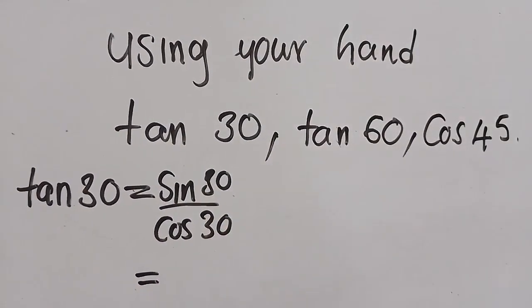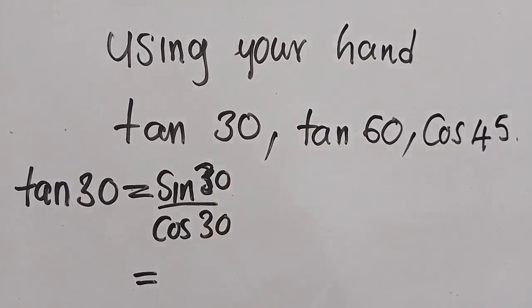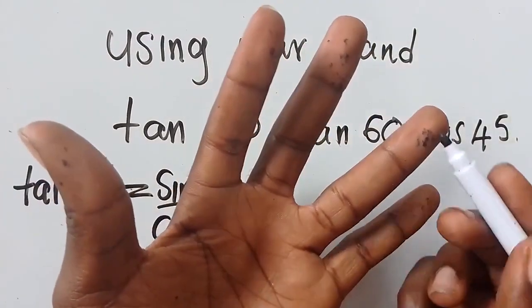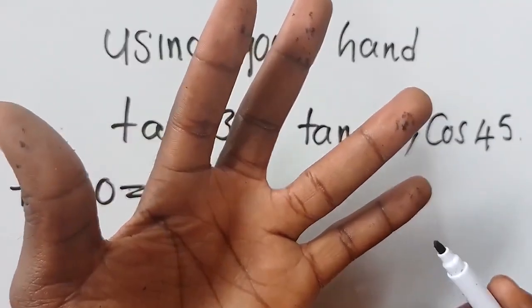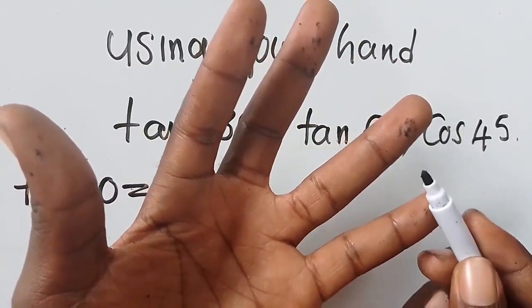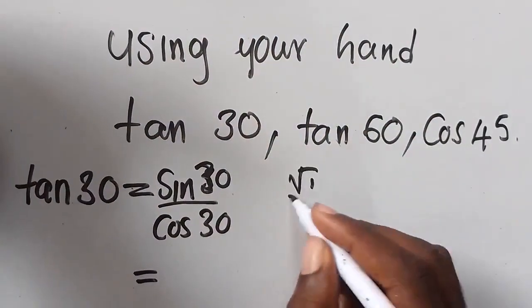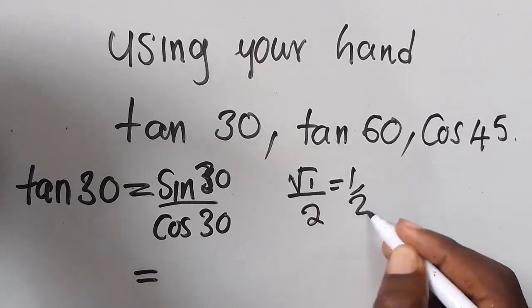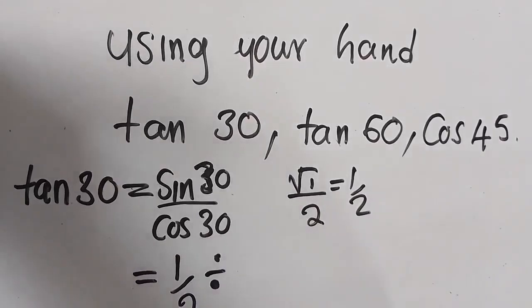We find sine 30 on top. So how do we get sine 30? You do this. 30 is here. Have you seen 0, 30? So sine here, only 1 remaining. Root 1 over 2, so it's 1 over 2. So there I've got 1 over 2. Divide.